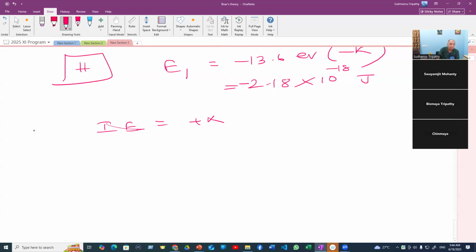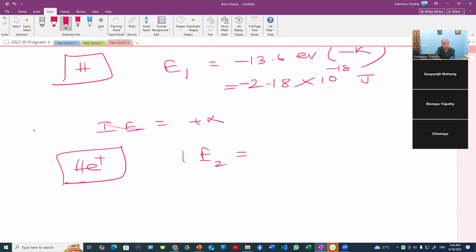And for helium plus, we will find IE2, because helium plus has only one electron. One electron has already been knocked out. That is called the first ionization energy, which will be determined by a different experiment. We will talk about that in our periodic classification program, how to determine IE1, IE2.